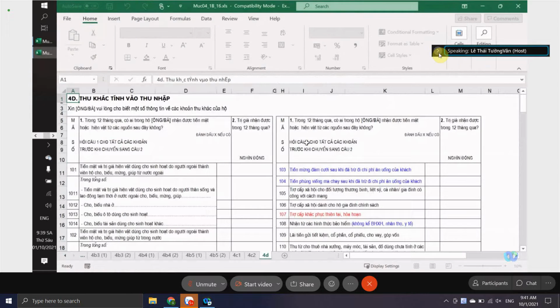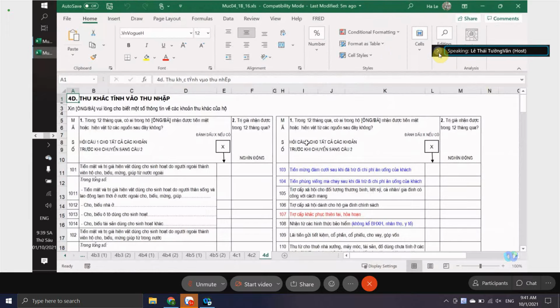So the nice thing here is that the names of the variables are named according to the name of the questions that record that information.